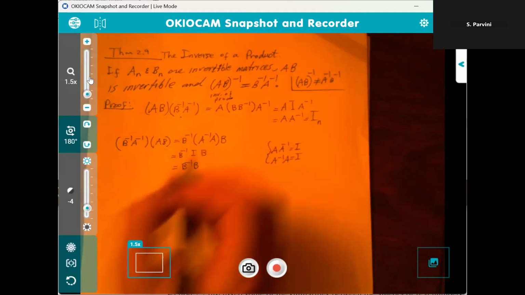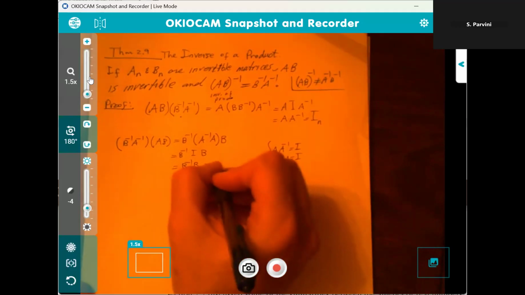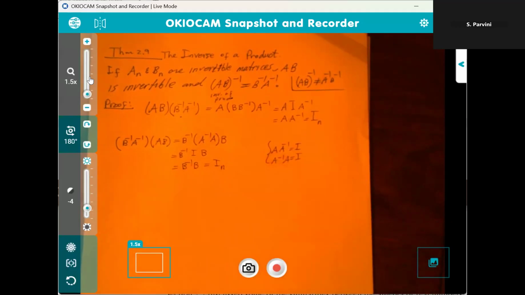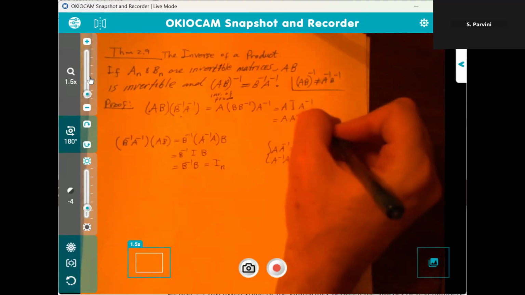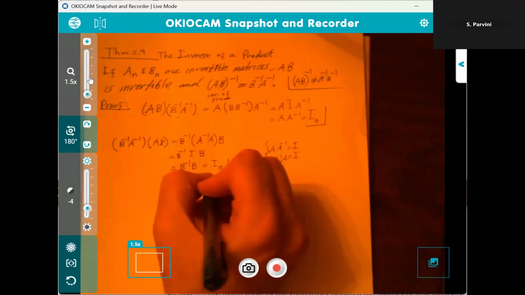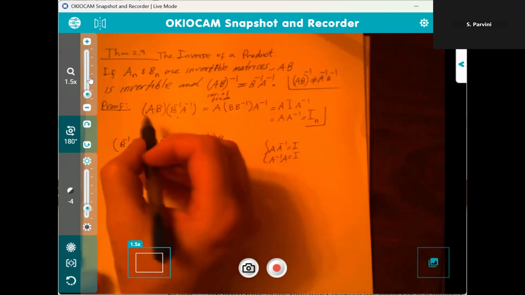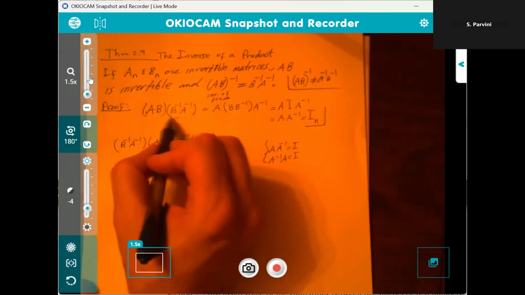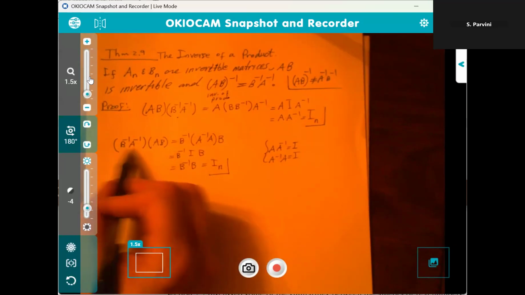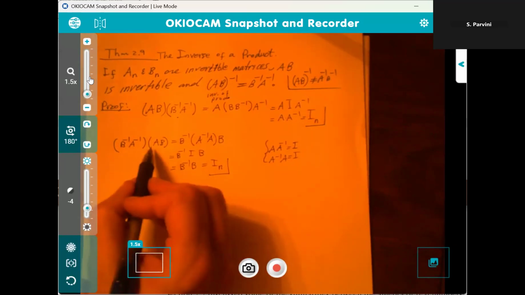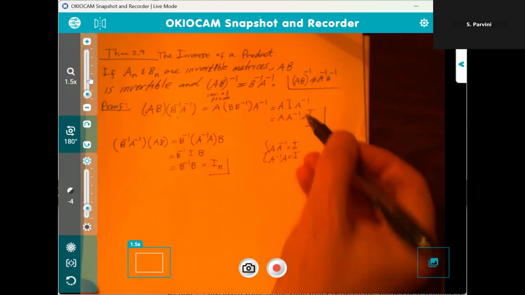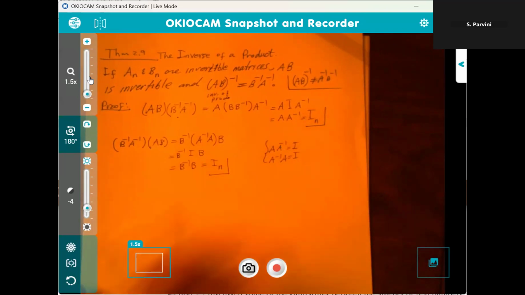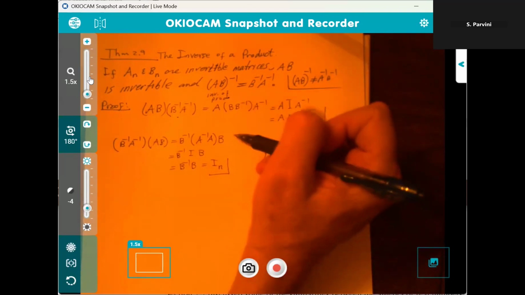And B inverse times B is identity. So we showed identity in both directions. The product matrix times inverse of product matrix, inverse of product matrix times product matrix. Both of these gave us identity. So yeah, looks like this is true.